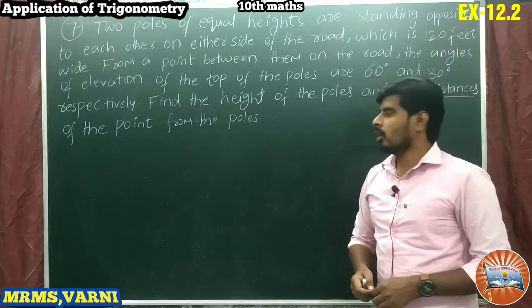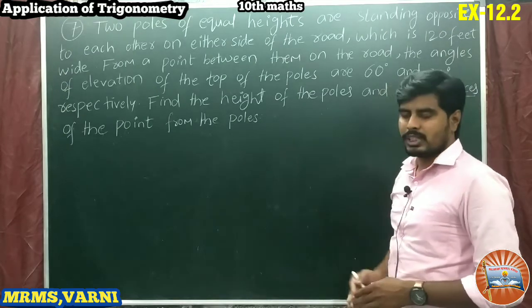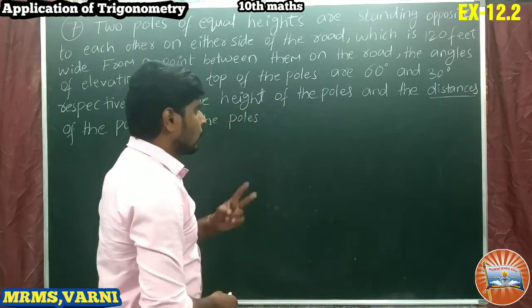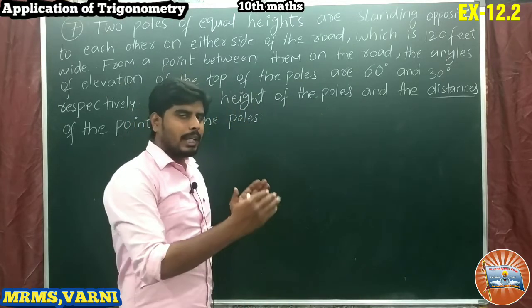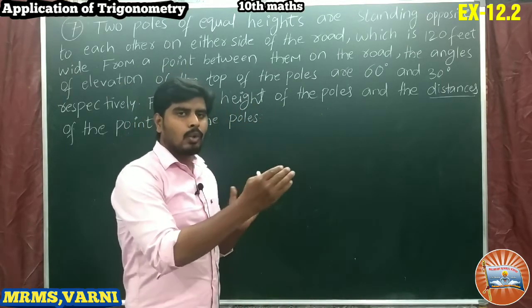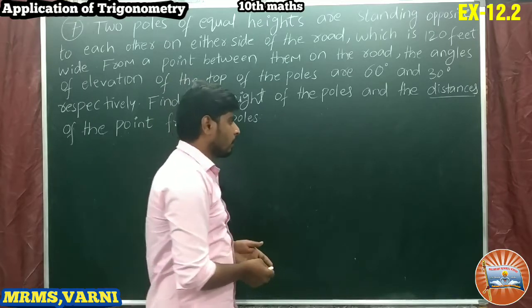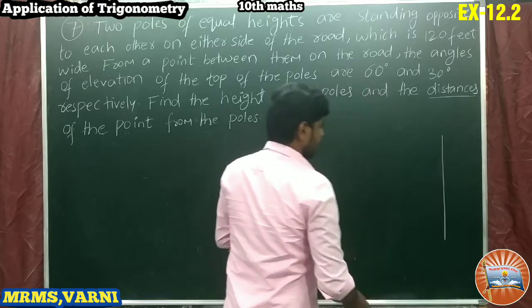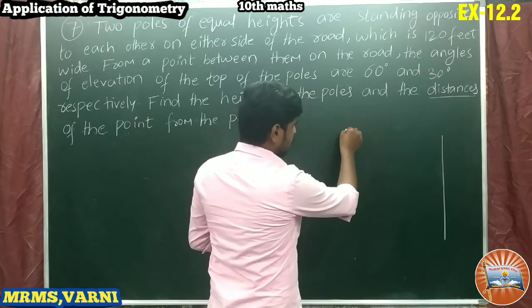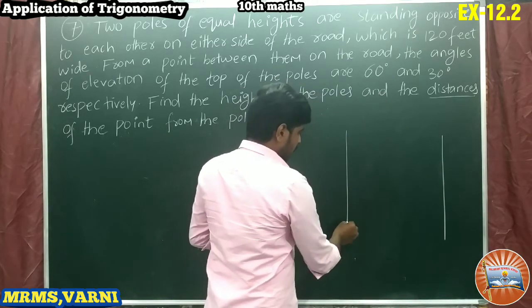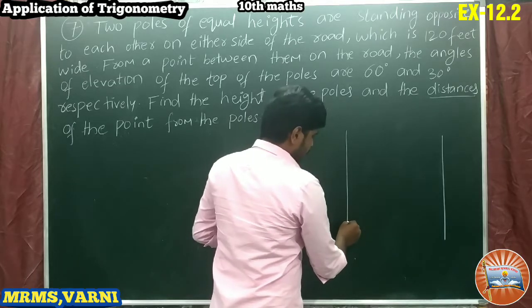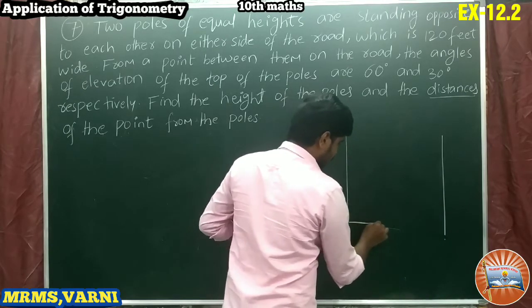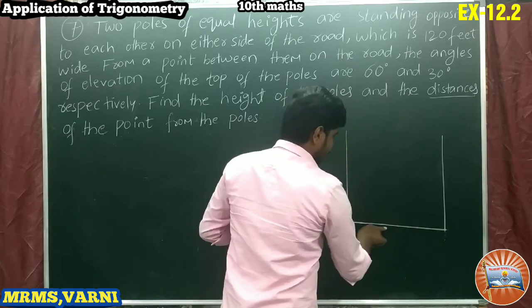Okay. So first of all we have to imagine a diagram for this situation. Let's see the diagram. Given two poles which are standing on either side of the road. The road width is 120 feet. Suppose this is a pole and this is one more pole. Let us consider this is the road. What is the width of this road?